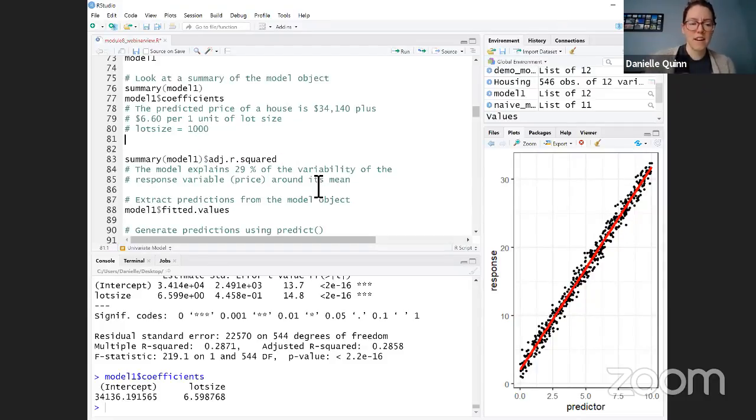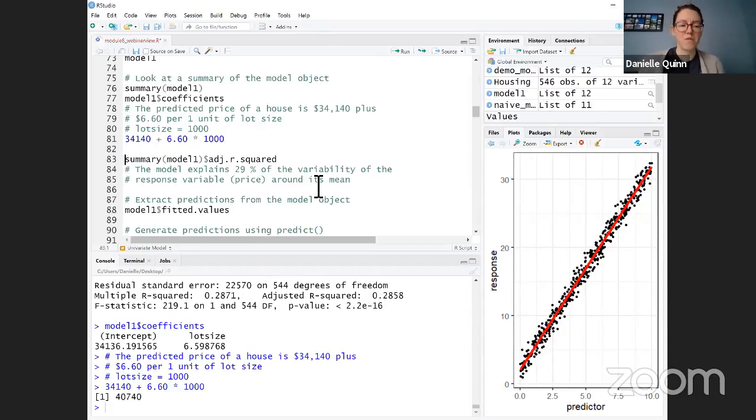That means our house is predicted to be 34,140, I'm rounding it, plus $6.60 times each unit of lot size. So that house is predicted to be about $40,700. I should note that this data is from, I believe, the 70s or 80s, so it might not represent the prices we're more used to now.